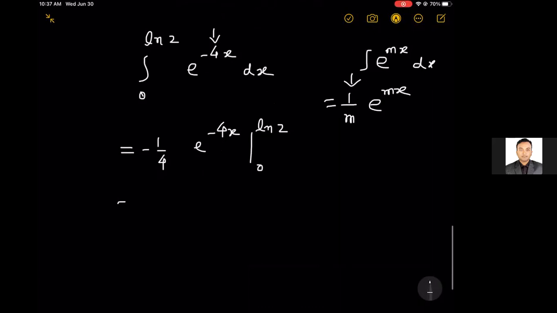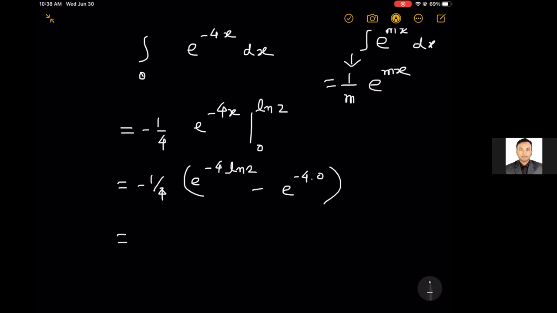Okay. So -1/4 e to the -4, remember, we'll just replace our x, nothing else. Everything else remains the same. So in place of x, I'll have natural log of 2, minus e to the -4 with the 0 in place of x. And of course, we need to find the value of this.